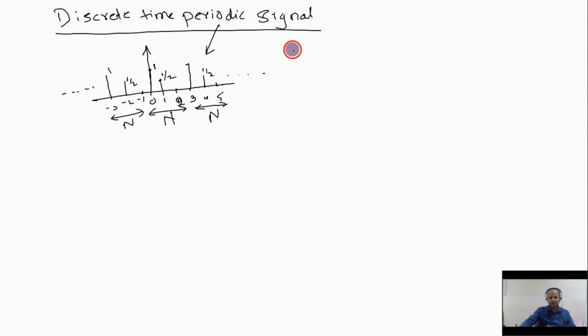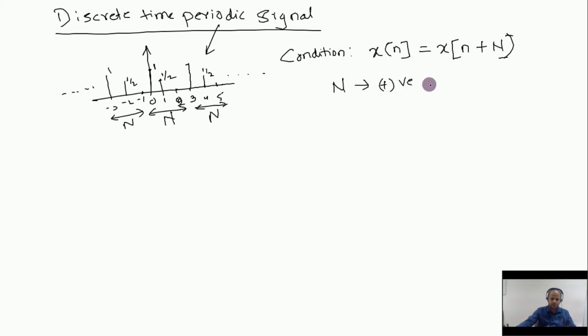And the condition for this is x of n equals x of n plus capital N, where capital N is a positive constant and an integer, a positive integer.